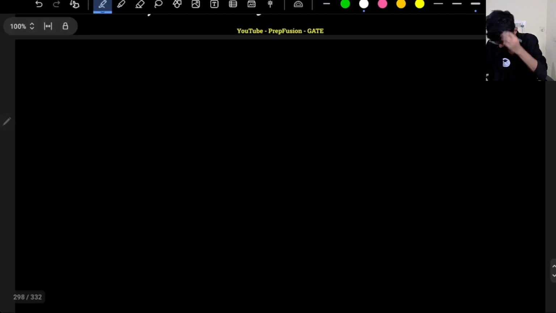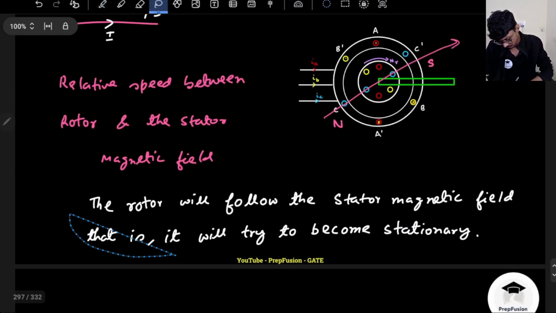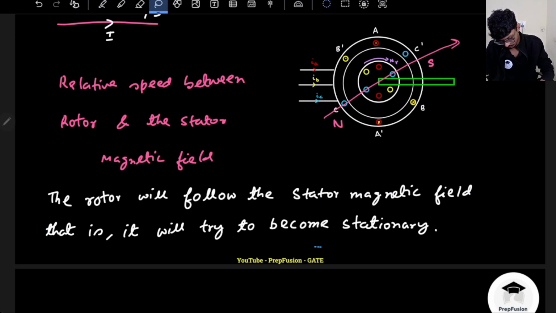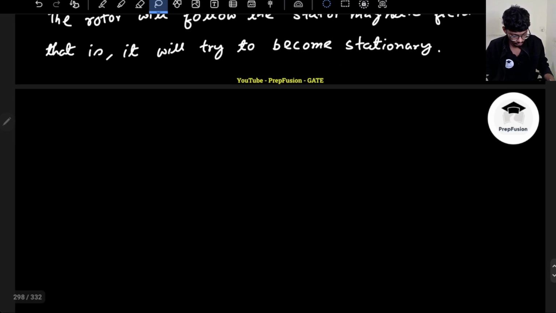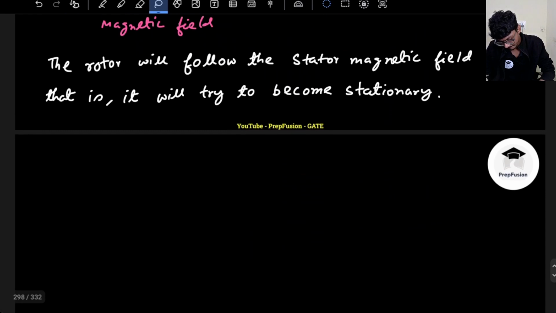Okay, it will try to become stationary. That is what will happen over here.